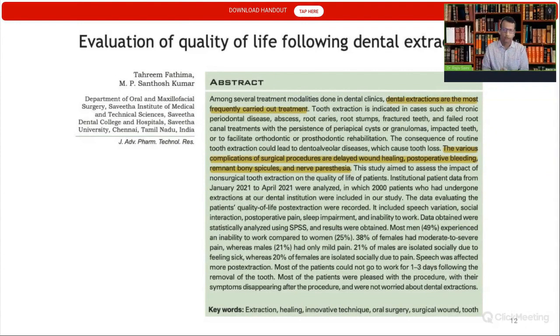And out of various complications associated with tooth extraction, delayed wound healing is the number one complication. So we really have to put a great emphasis on that. If we are going for extraction for a patient in our dental clinics, delayed wound healing is going to play a major role, so we have to be very diligently careful in handling those patients.